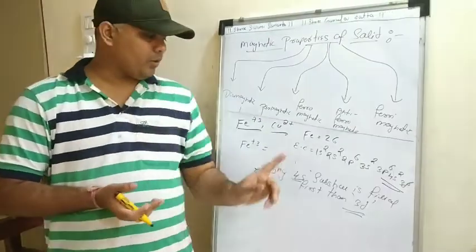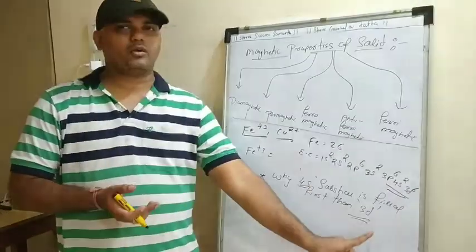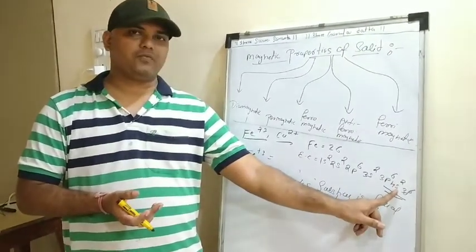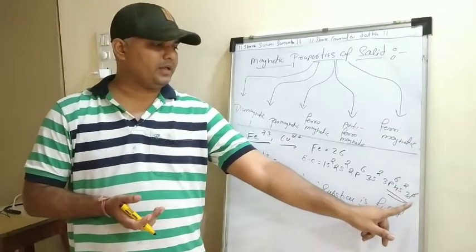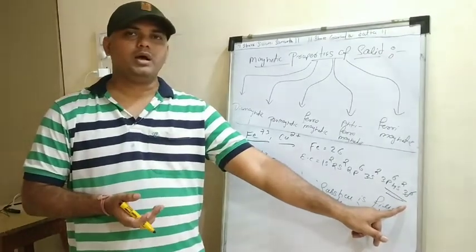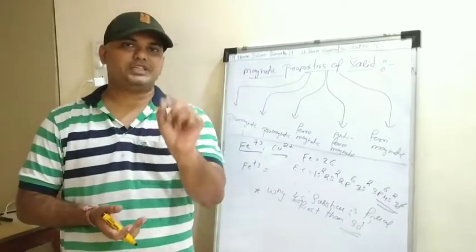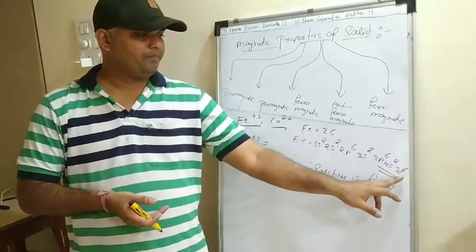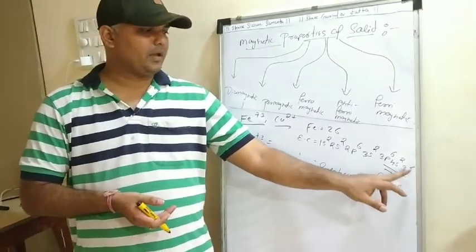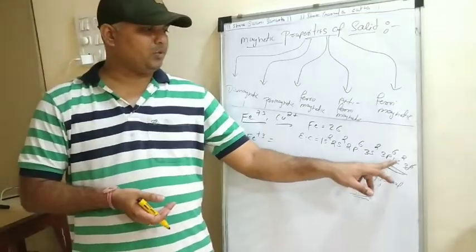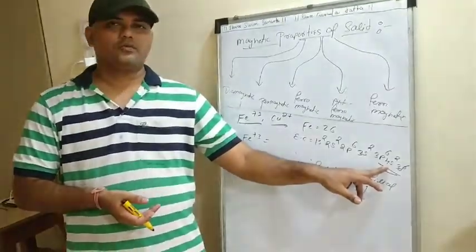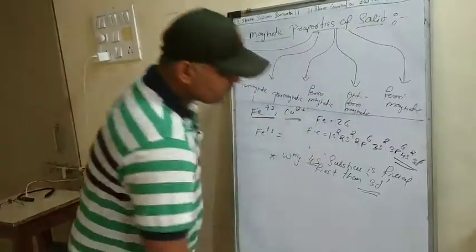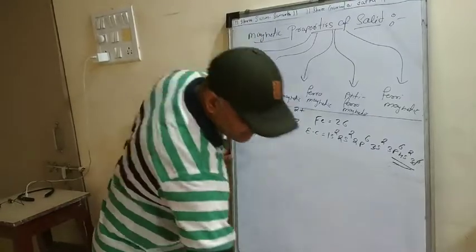So the electrons will go into the 4s shell first and then into the 3d shell. That is why the 2 electrons first enter the 4s shell and then the remaining 6 electrons go into the 3d shell. We know the d shell can occupy a maximum of 10 electrons, but here it is occupying 6 electrons, because the 2 electrons have already entered the 4s shell. I hope that this doubt is cleared in your mind. Okay, now let's talk about the Fe3+.